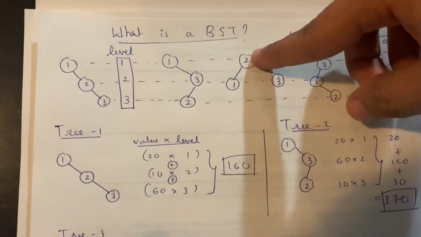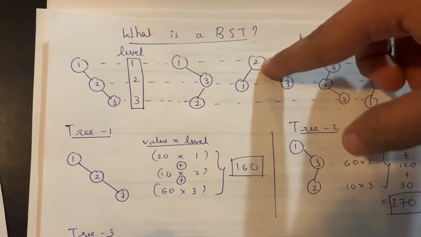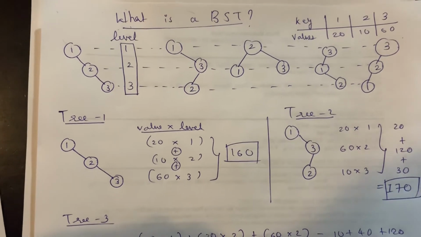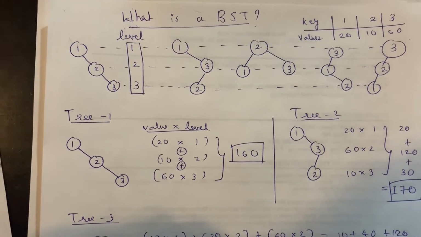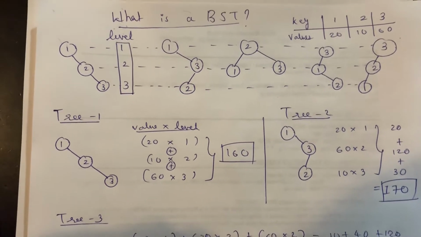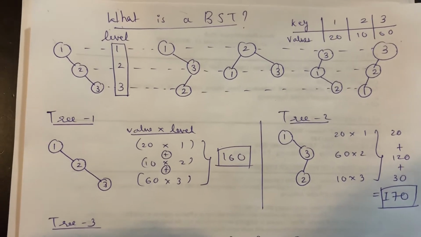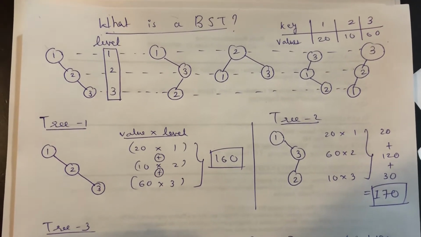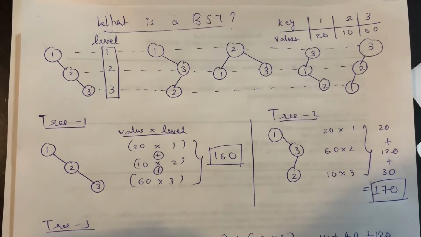When we pick the root node, the keys lesser than the root key have to go on the left side, and the keys higher than the root key have to go on the right side. That's the only constraint we have to keep in mind for it to be called a binary search tree.